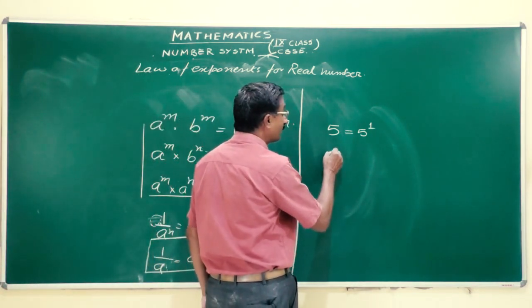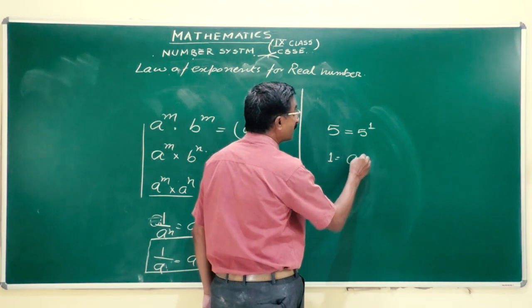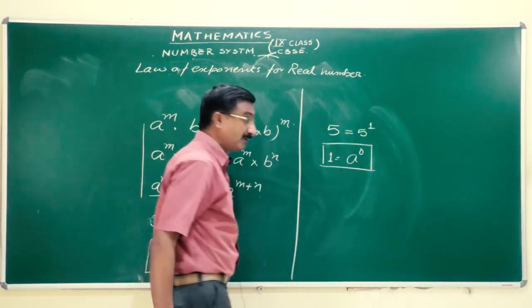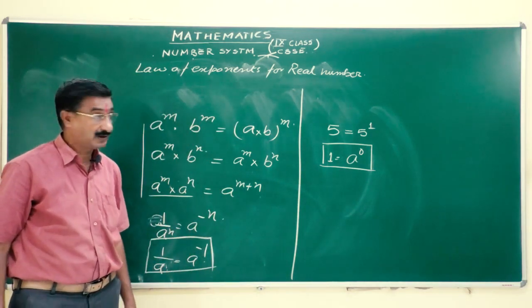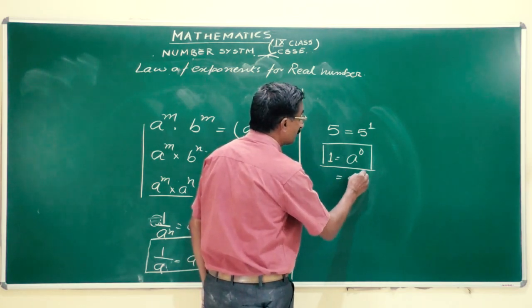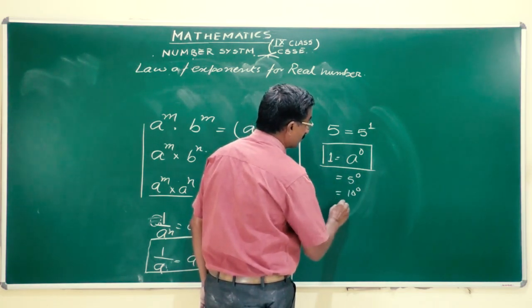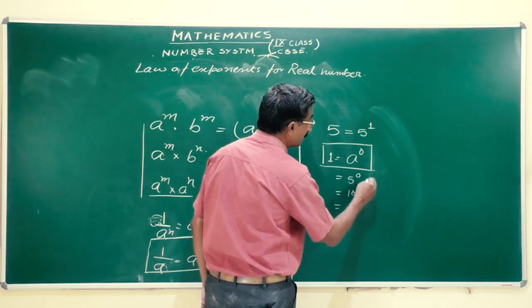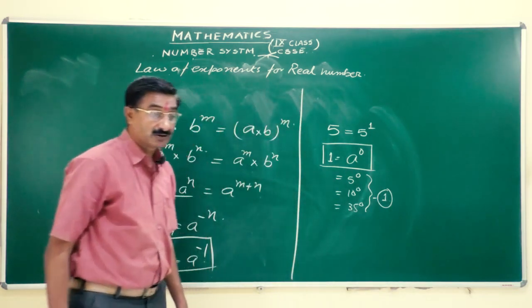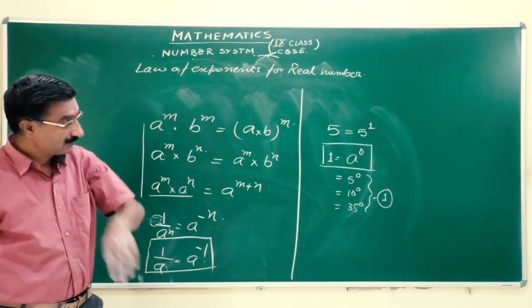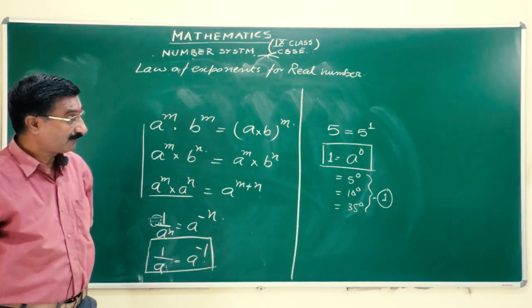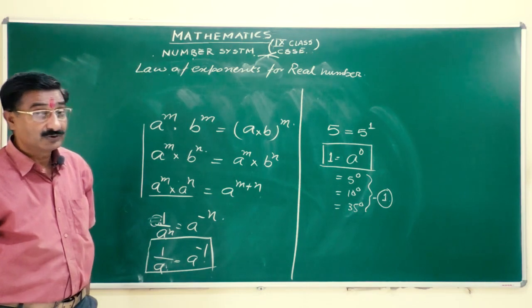If the value is 1, it means a raised to the power 0. The power is 0, it means the value is 1. Clear? Even you can write 5 raised to the power 0, 10 raised to the power 0, 35 raised to the power 0. So all the values are 1. If the power is 0 for any integer, then the value is equal to 1.